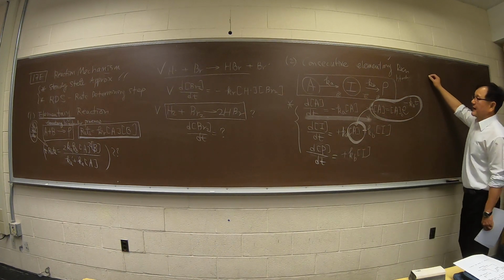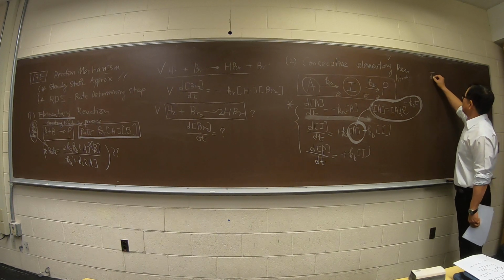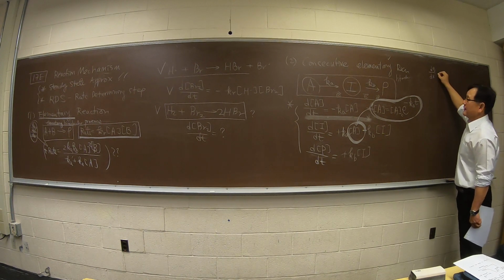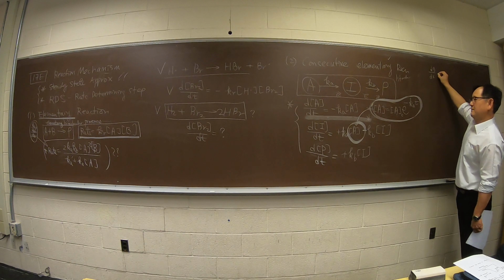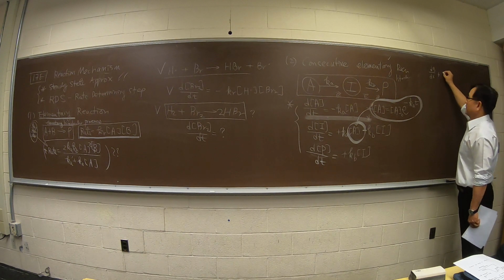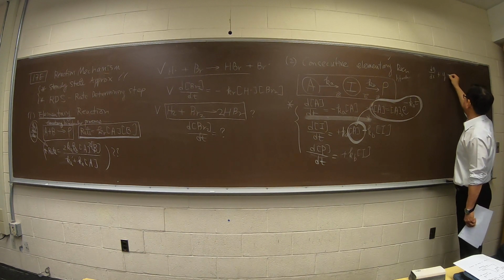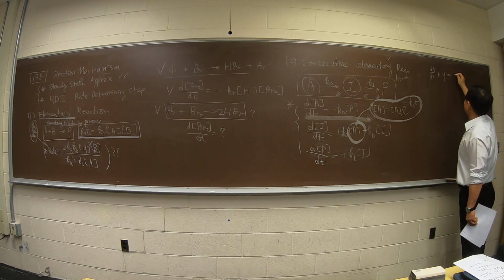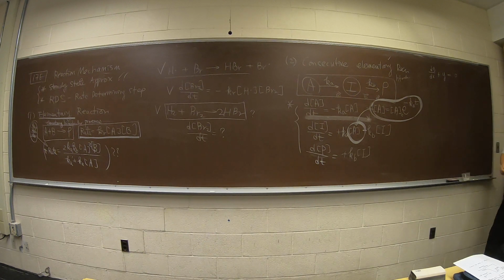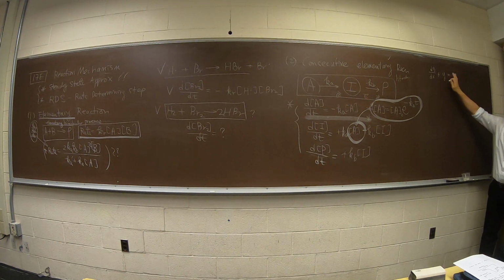So if somebody writes dy/dx plus y is 0, do you remember this is pretty easy to solve? Separation of variables, so you put this one to the other side and go the other way.